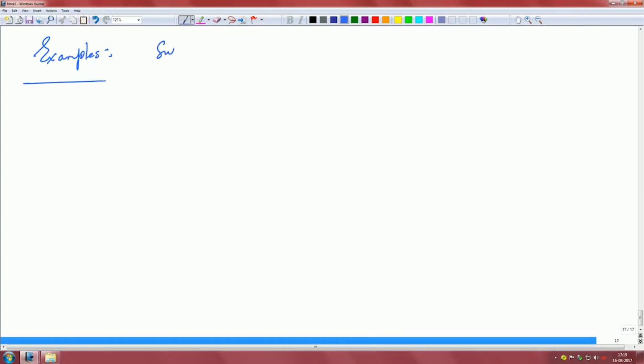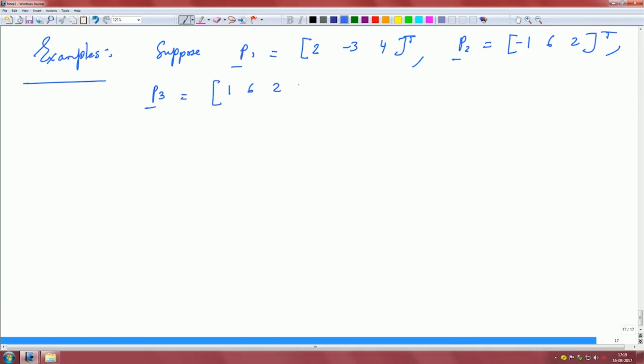Suppose I give you P1 equals 2, minus 3, 4 transpose, P2 is minus 1, minus 1, 6, 2 transpose, and P3 is, say, 1, 6, 2 transpose.